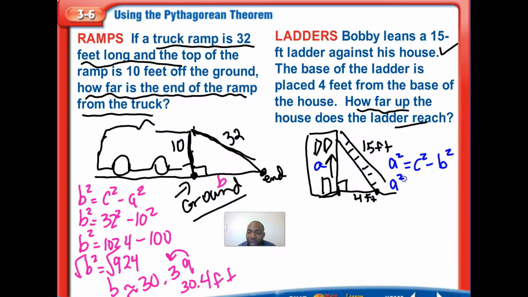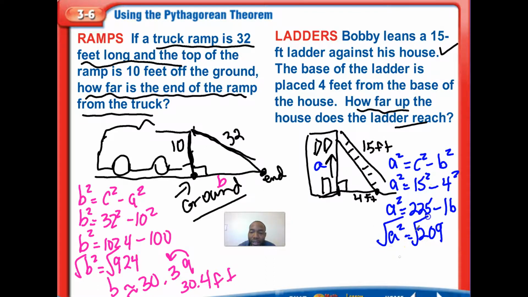C is across from the right angle, so 15 squared minus 4 squared, which is my B. A squared is equal to 225 minus 16, which gives me 209. A squared is equal to 209, but we don't want A squared, we want A. So the square root of 209 is approximately 14 point.